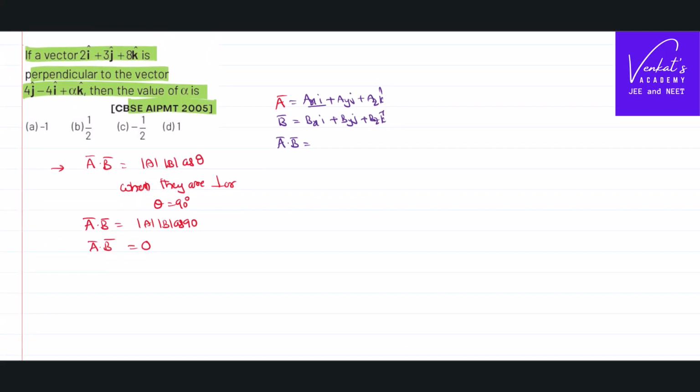So Ax Bx i cap dot i cap. Further, Ax By i cap dot j cap.